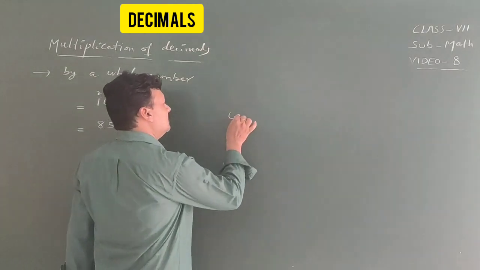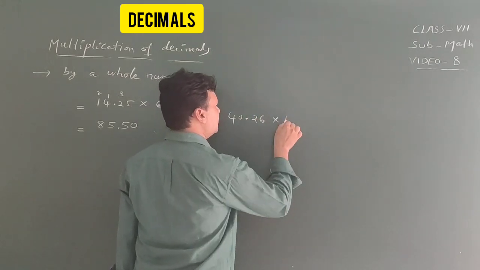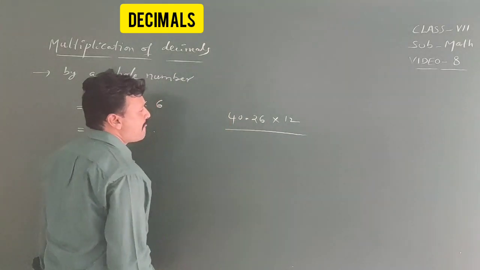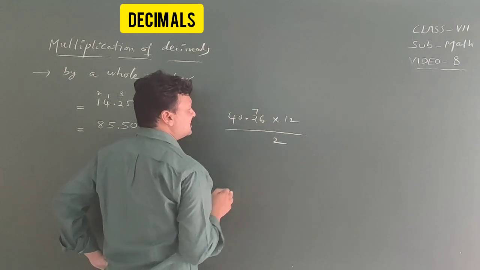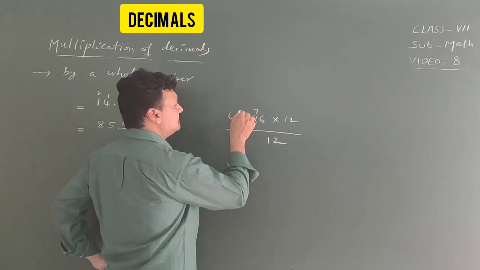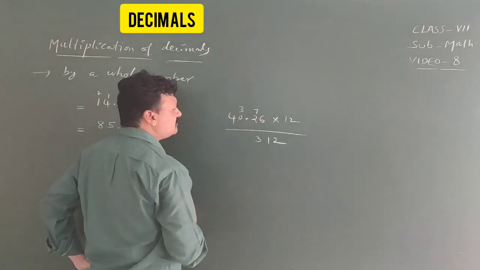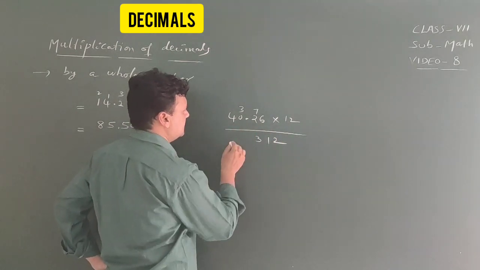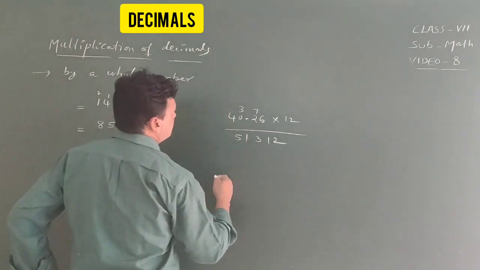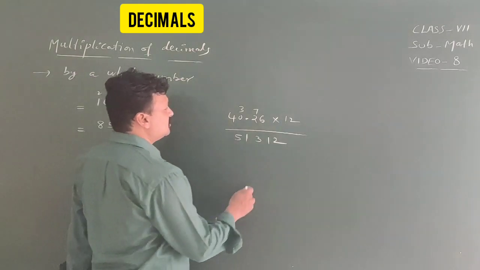Here, 40.26 is multiplied by 12. 12 6 is 72. 24 plus 7 is 31. 0 plus 3 is 3. 4 12 is 48 plus 3 is 51. The given decimal has 2 decimal places.